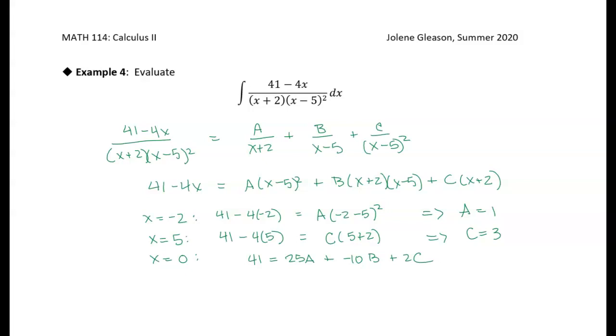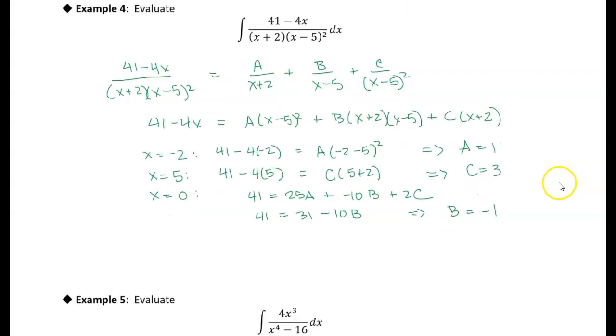So I will just end up with 41 is equal to 25 times 1 plus 2 times 3, so I get 31 minus 10B. Then I can subtract 31 from both sides. I'll end up with 10 equals minus 10B. Divide by minus 10, so that means B equals minus 1. All right, there we go. I got them all.